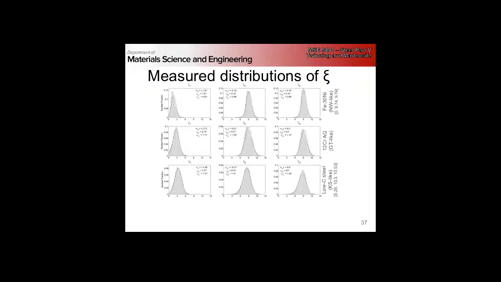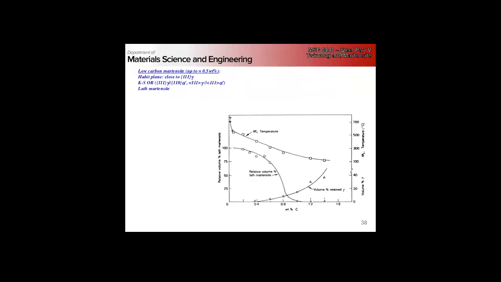So that means those clouds of habit planes that we saw, experimentally, this is what we see, but it's not just the habit plane. That habit plane could also be rotated. This is just an indication of the degree of spread.